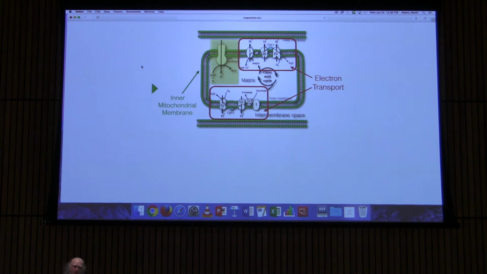This is very simple: NADH to complex 1 to coenzyme Q to complex 3 to cytochrome C to complex 4. There's only one other place electrons go. In complex 4, electrons are donated to oxygen, which gains some protons and makes water.